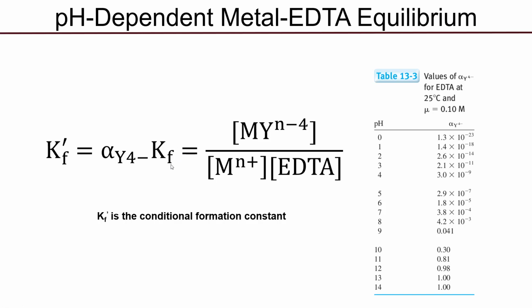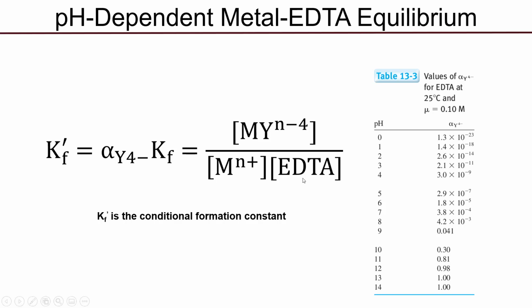So that's saying that your conditional formation constant is equal to the concentration of the metal-EDTA complex in the numerator, divided by the free metal concentration times the formal concentration of EDTA, compared to the fraction of EDTA which is actually in the deprotonated Y4- form.